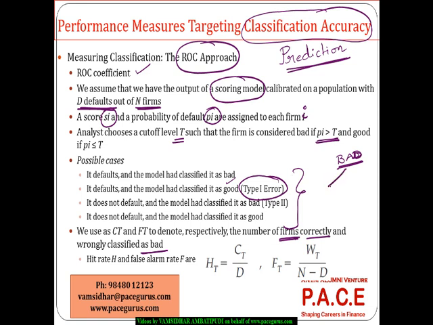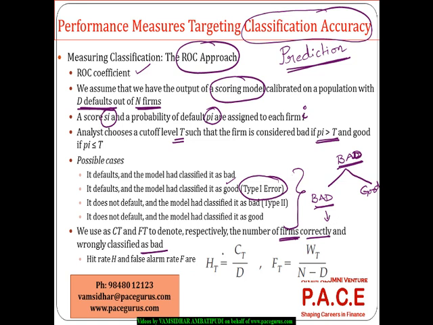So what are the two? You have predicted it as bad, but in reality they could be bad, or they could be good. If they are bad, it means the company has really defaulted and you have also classified it as bad, which is purely an indication of accuracy.